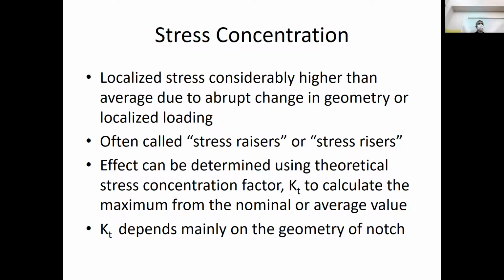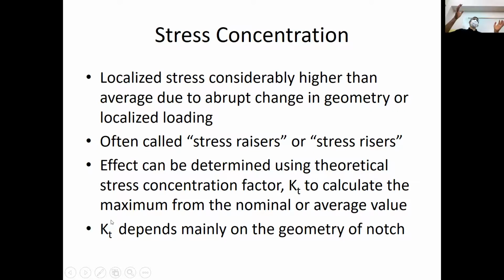The effect of these stress risers theoretically may be calculated using theoretical stress concentration factors that we refer to as K sub T. We use K sub T to calculate the maximum stress using the nominal stress.